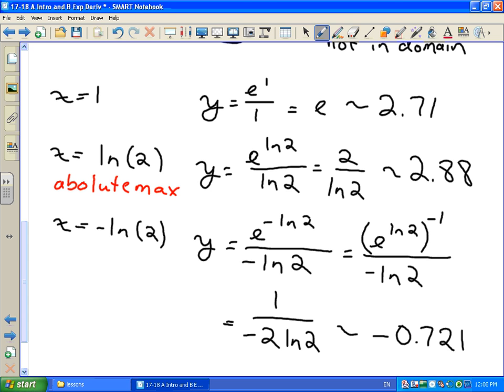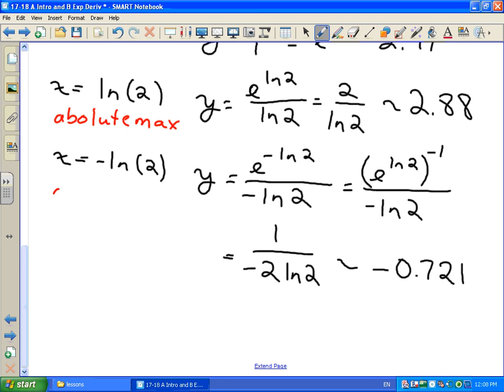Max is right here. And this guy down here is going to be our absolute min. And I'll spell absolute correctly this time.